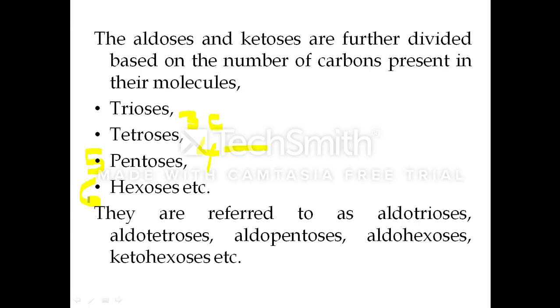All these are monosaccharides, having either aldehyde or ketone as the functional group. And if it is an aldose, it is referred to as aldotriose, aldotetrose, aldopentose, or aldohexose, and ketohexose if they have the ketone as the functional group.